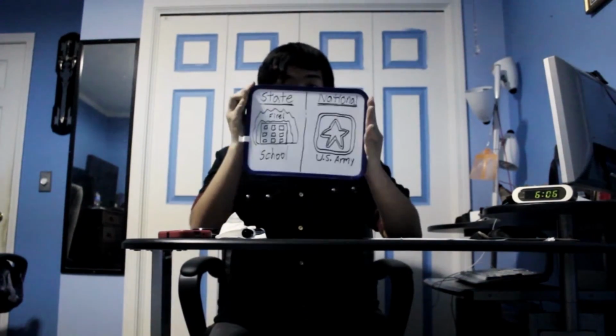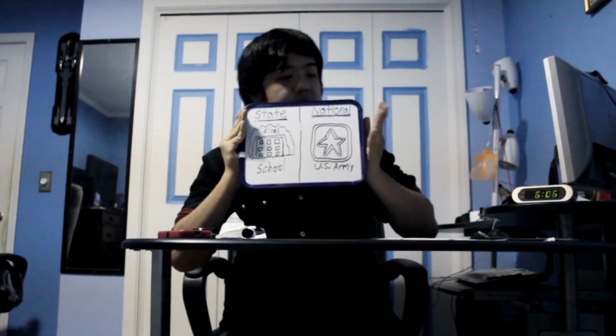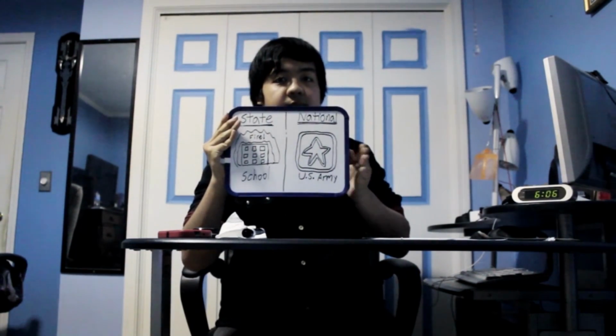I'll just show you the picture. I don't know if you can see it. National, they focus on all that military stuff, if you get what I mean. Alright, so that's the short, simple answer.